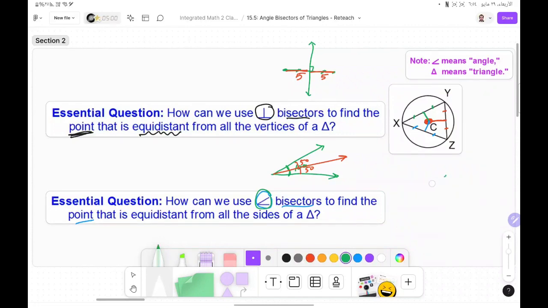If I have a triangle and draw a straight line from here, if this angle is 6, this one should also be 6. If this one is 70, this one should also be 70. If I go to the other side, if this one is 30, this one should also be 30. This is what we call an angle bisector.